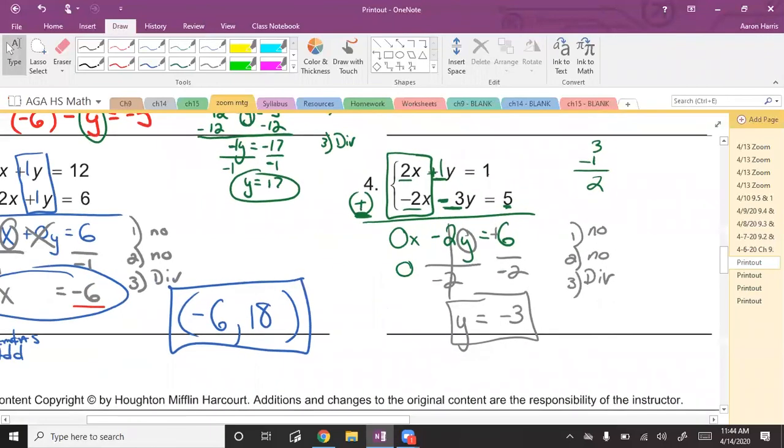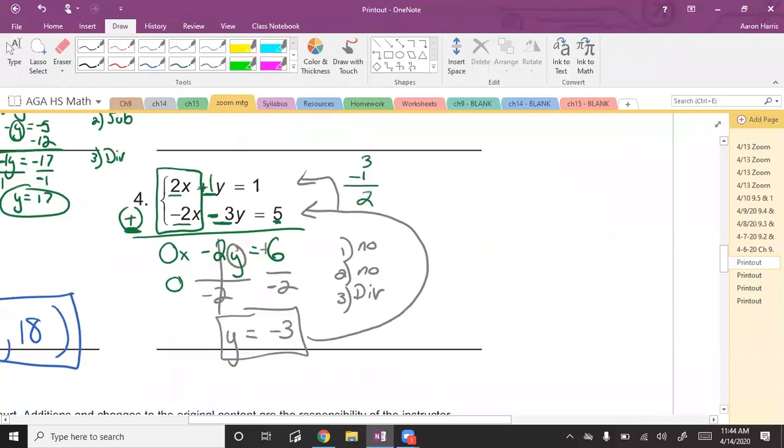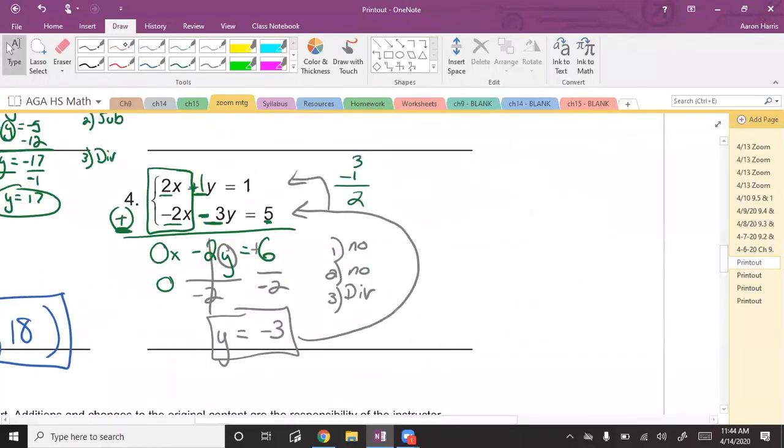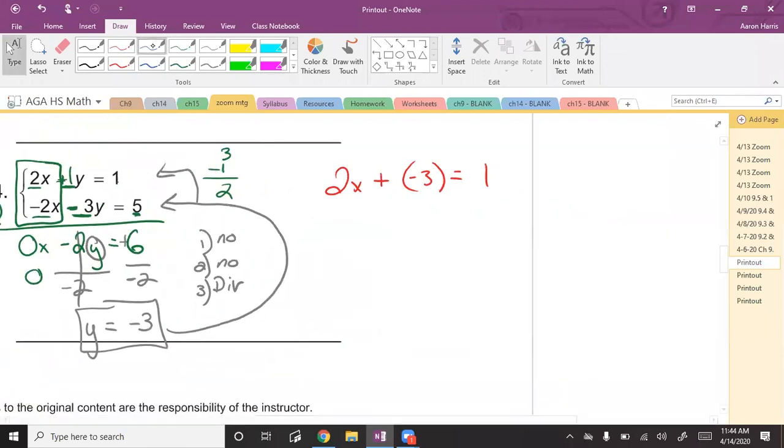What can I do with that now? Plug it in for y. Does it matter which equation? No. So here we go. Let's do the top. 2x plus, and instead of a y, I'm going to put negative 3, equals 1. What am I solving for now?